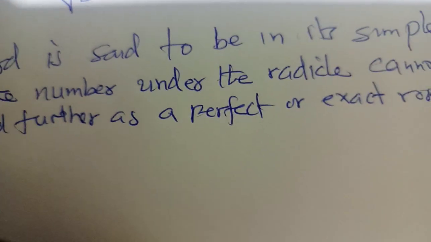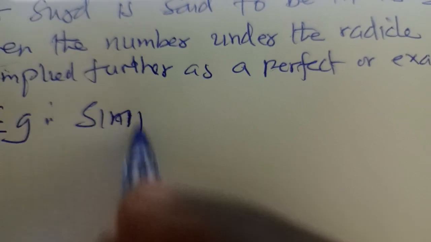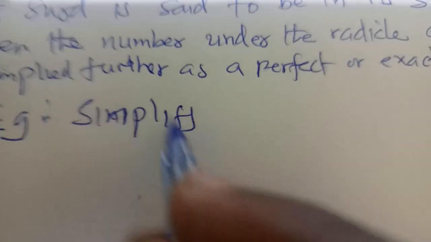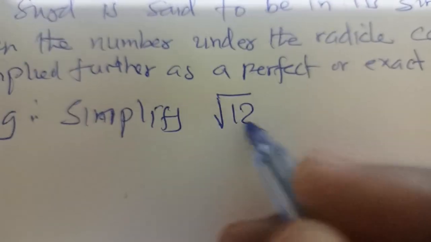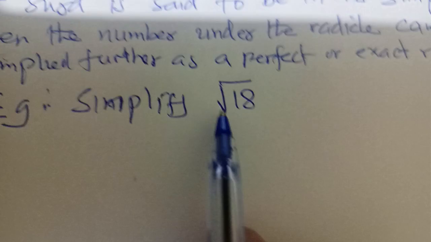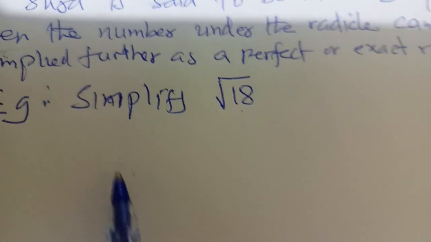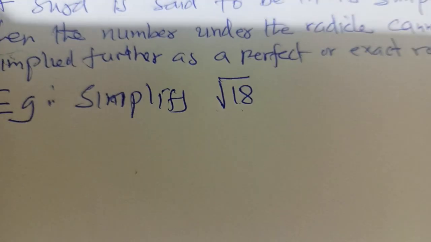For instance, we could be asked to simplify this surd, root 18. This is a square root of 18, which is a surd, but not in its simplest form.